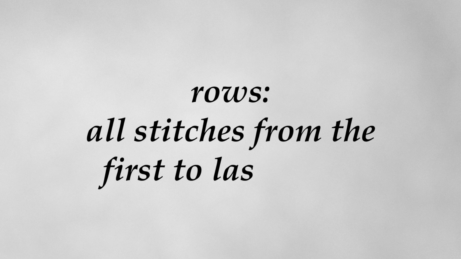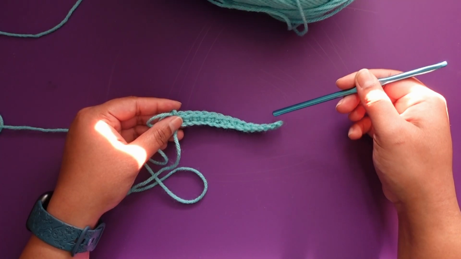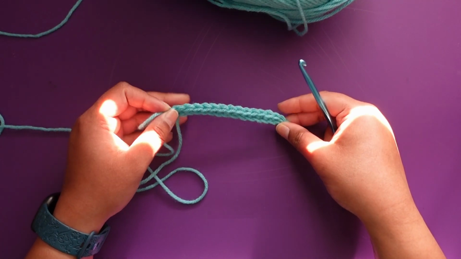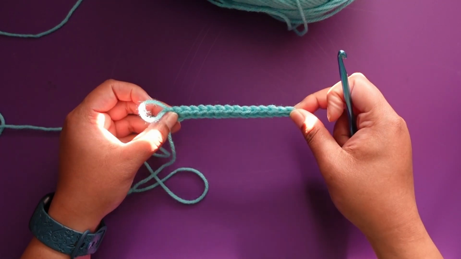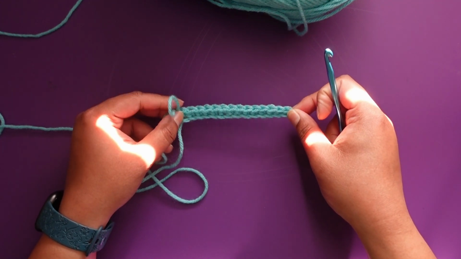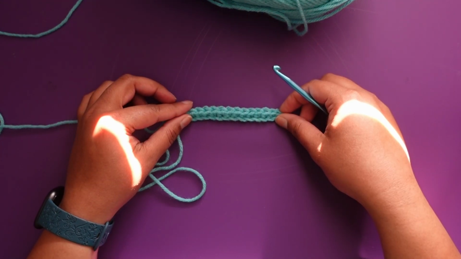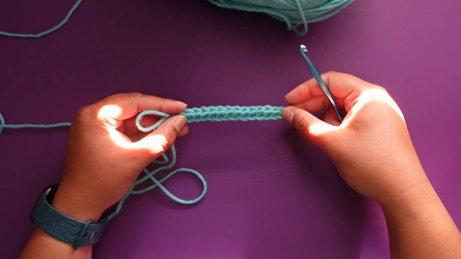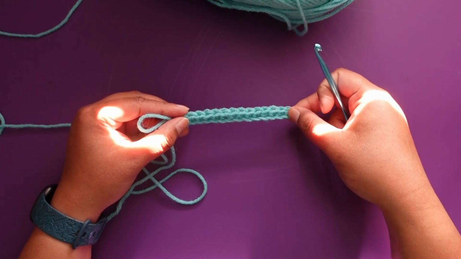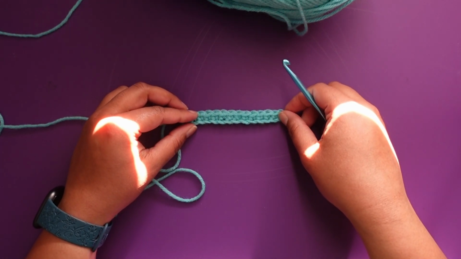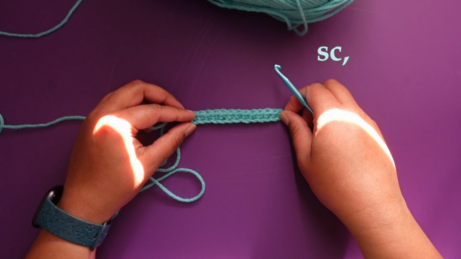And a row of stitch is very simply just a whole bunch of stitches that span from your first to your last stitch, or in this case, foundation chain, since we just started. Now, when you're reading patterns or going through tutorials, a lot of times things will be explained in rows. You might say that you want a single crochet from R1 to R5.